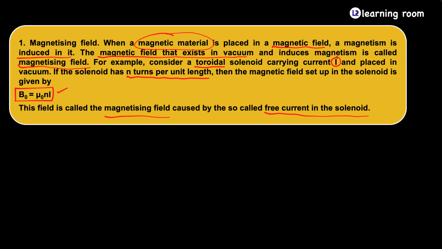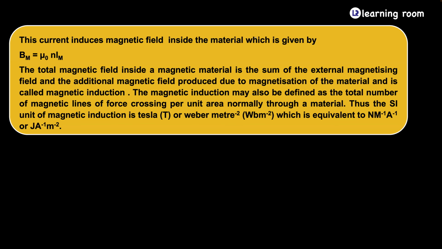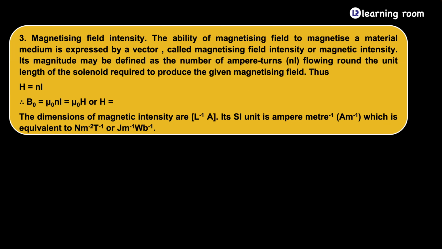Right. So we'll get started. In the last class, we started discussing some terms related to magnetic substances. One is the magnetizing field. Then we saw what is magnetic induction. Then the intensity of the magnetizing field, that is the magnetizing field intensity.